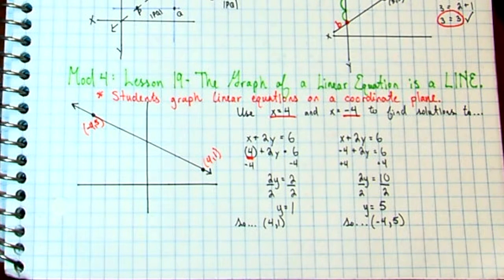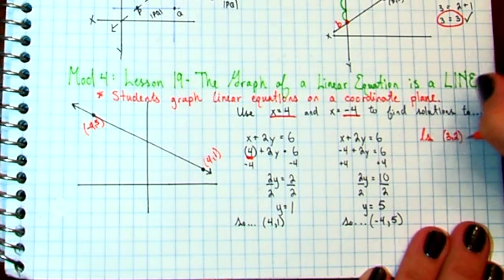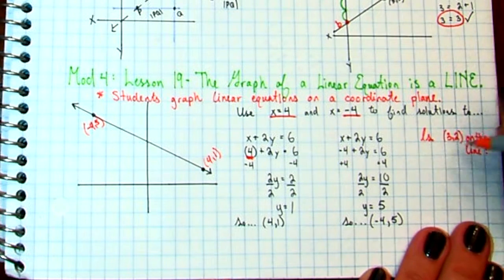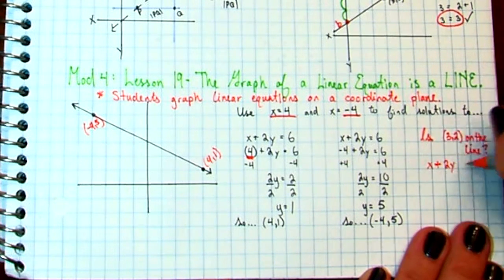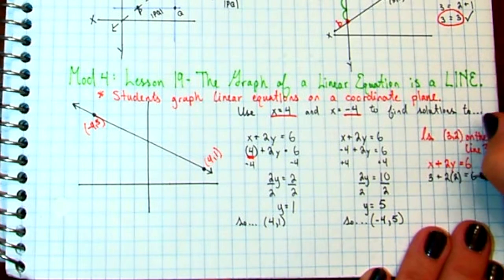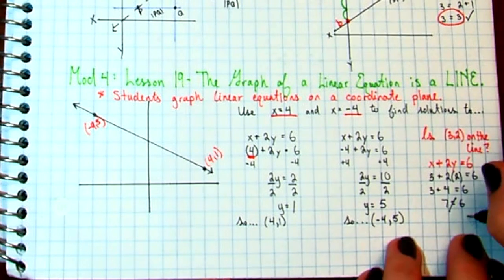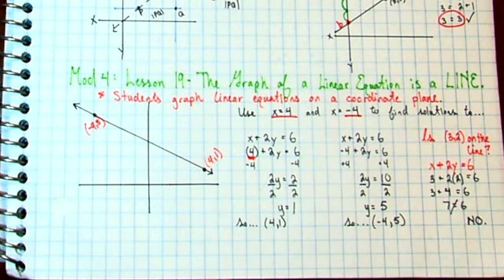Then what you can do is look and see on your line, is there a nice even coordinate point? So for me, I'm looking at 3, 2. Is that coordinate point on the line that I drew? So I plug in my original equation and check to see if it's true.